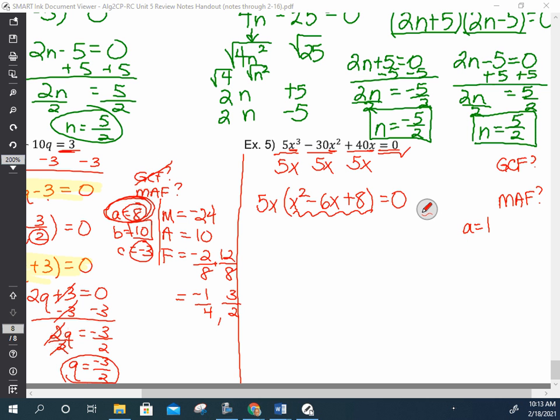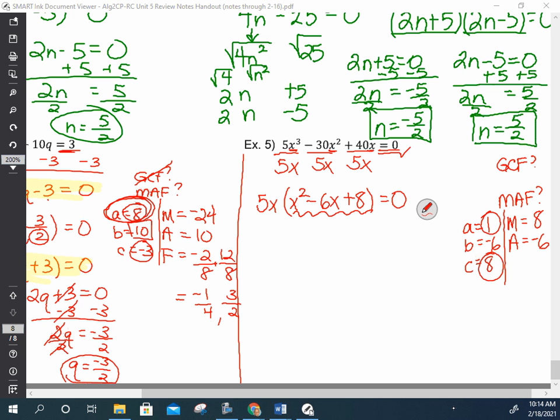So A equals 1, B equals -6, C equals 8. Turn it around and make it an MAF problem. 1 times 8 is 8. The add value is -6. So we need two numbers that multiply to 8 and add up to -6.